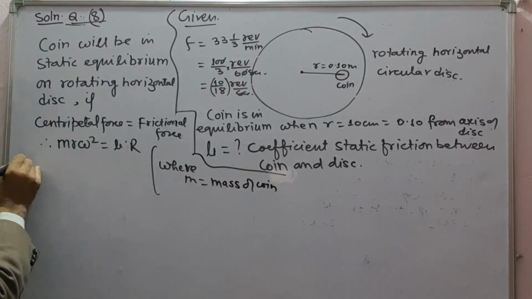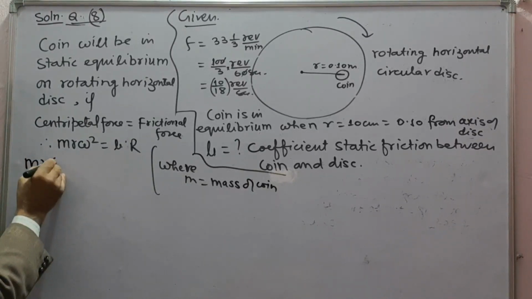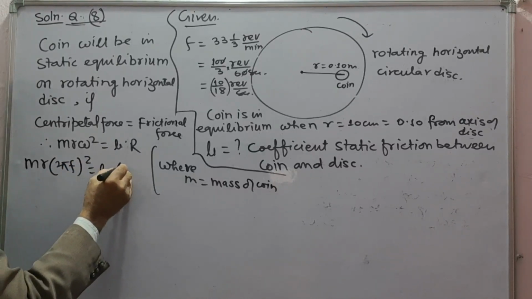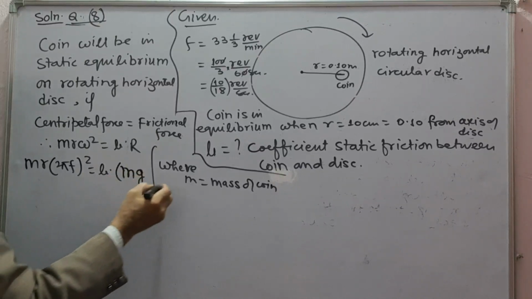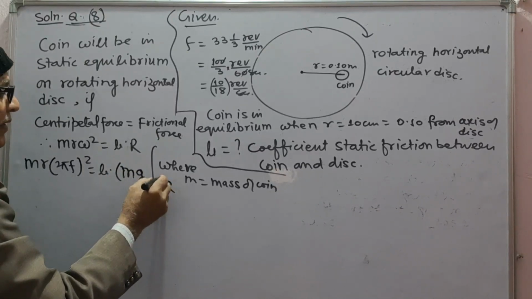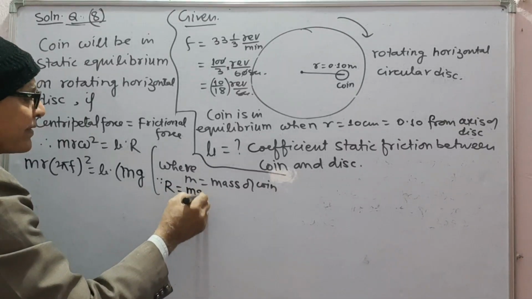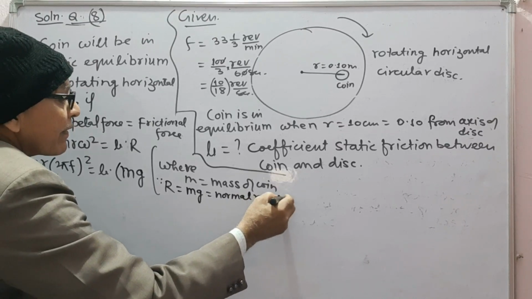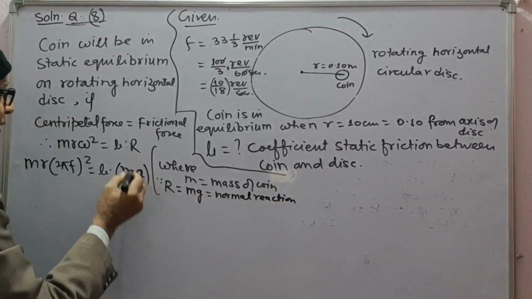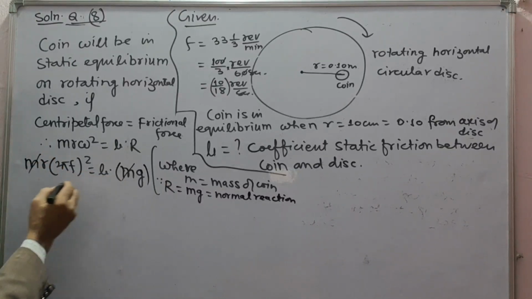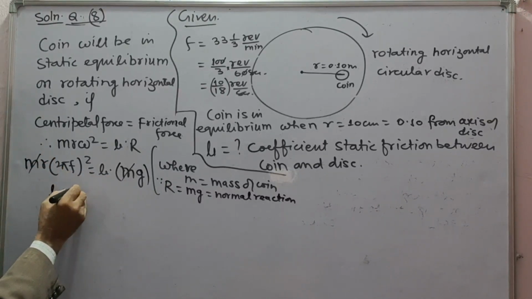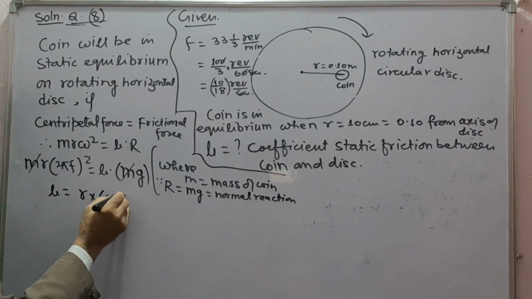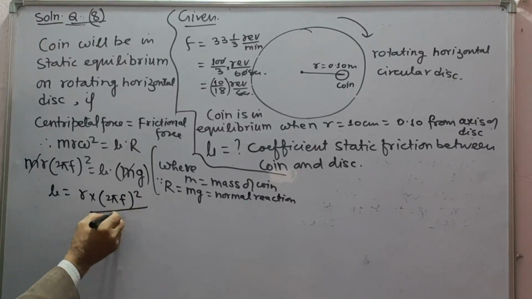So m r omega, meaning 2 pi f, whole square will be equal to mu times R, meaning mg, normal reaction, because R is m into g equal to normal reaction. So m gets cancelled and we get mu is equal to r into 2 pi f whole square upon g.